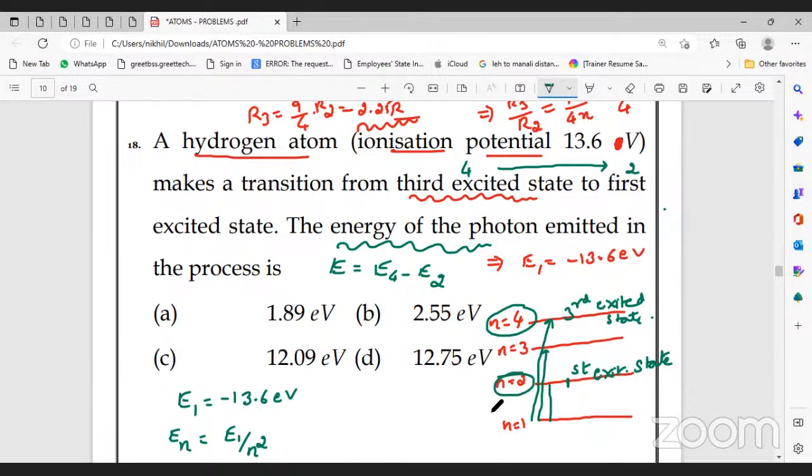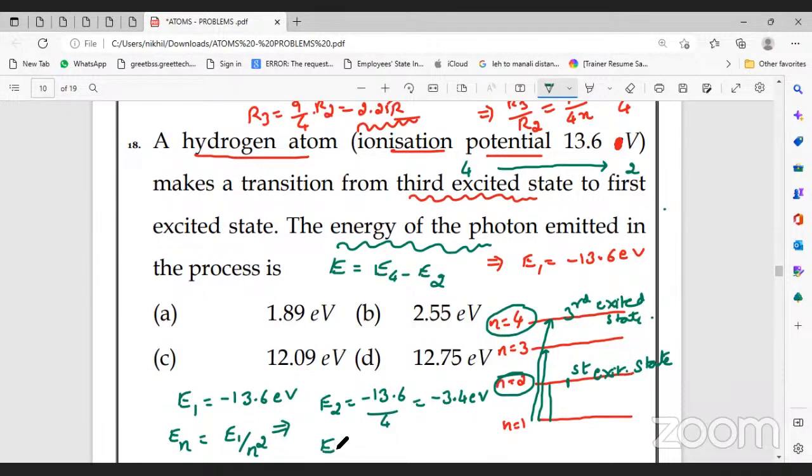So the energy in the second orbit is minus 13.6 divided by 4, that is minus 3.4 electron volt.